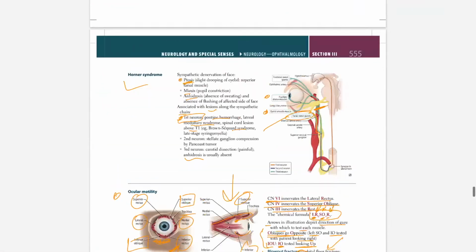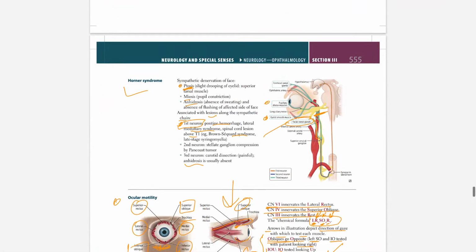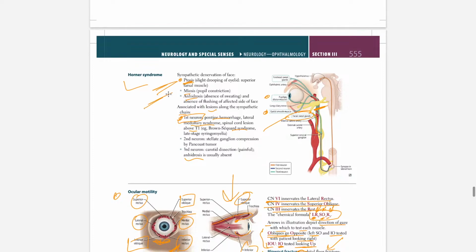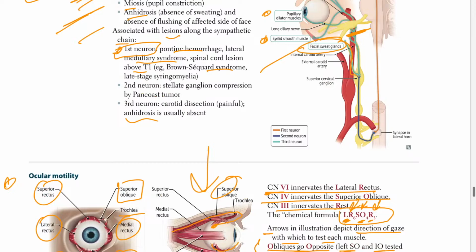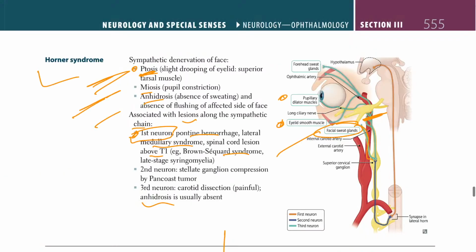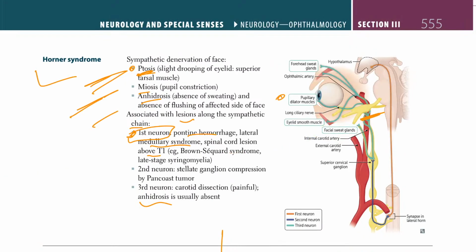Okay, quickly going through this page again. We got Horner syndrome, pretty simple thing. Horner: ptosis, miosis, anhidrosis. Knocking out these structures is going to give you all of that. And it is due to the stellate ganglion. Important thing is stellate ganglion compression by Pancoast tumor and carotid dissection. Okay.